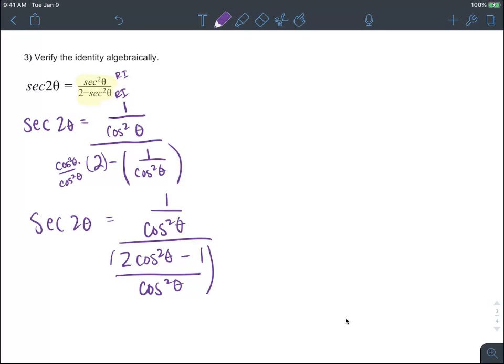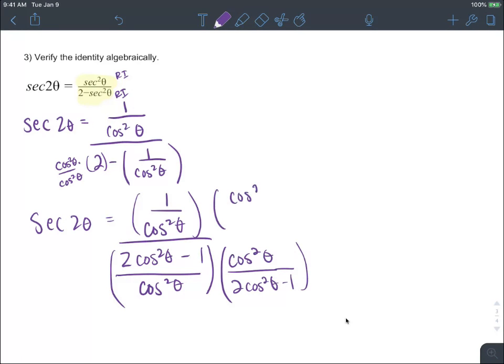I would like to not have dividing by fractions, so multiply by the reciprocal from the denominator, cosine squared theta over 2 cosine squared theta minus 1.